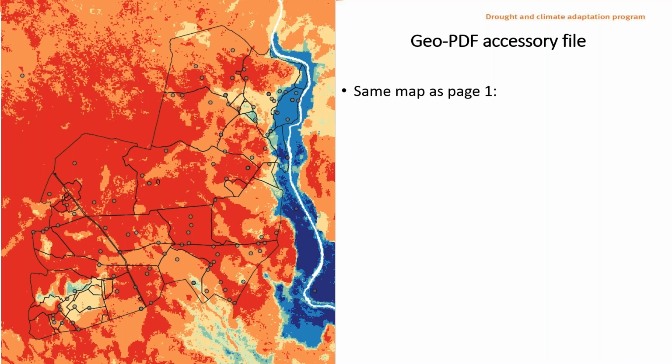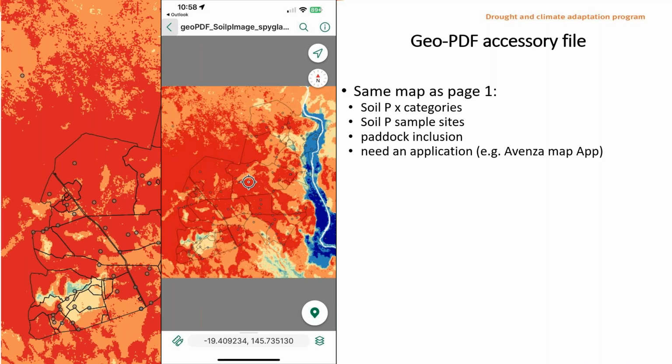If you open it up onto your screen, it has soil P categories, soil P sample sites, and paddock inclusions. But you need an application like Avenza to read that in. Once you download that, you can bring those GeoPDFs in.